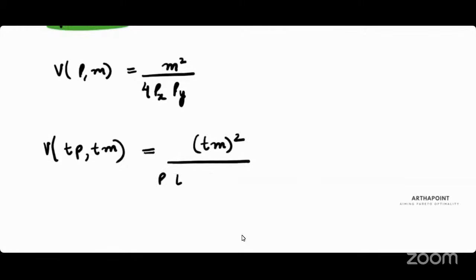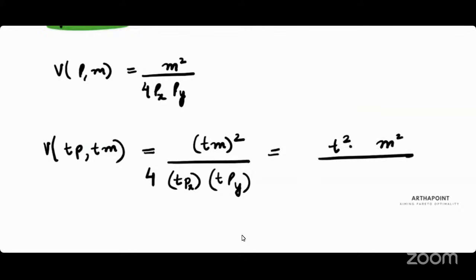Instead of px, I write tpx. Instead of py, I write tpy. And I just see what comes out. So this is t square m square upon 4 into t square px py.